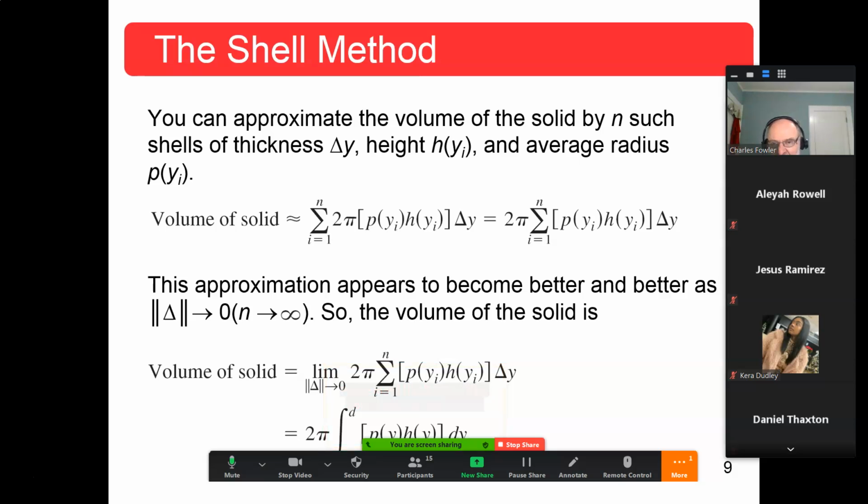Then the volume of the solid will be the summation from i equals 1 to n, 2 pi, that can come on the outside if you want it to, p of y_i times h of y_i times delta y, okay? The 2 pi can come on the outside, the summation of i equals 1 to n, however many shells you have, times p of y, h of y, times delta y.